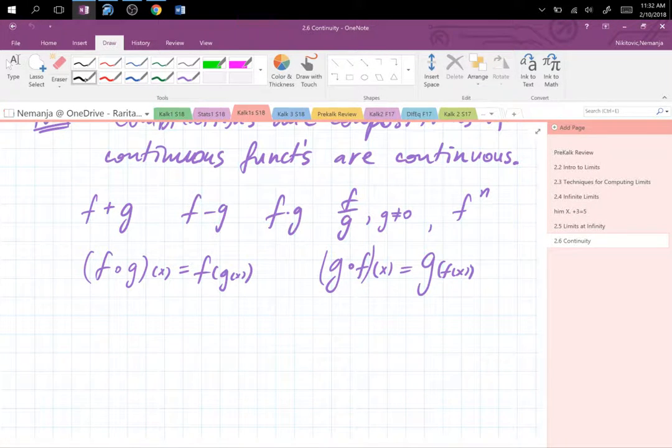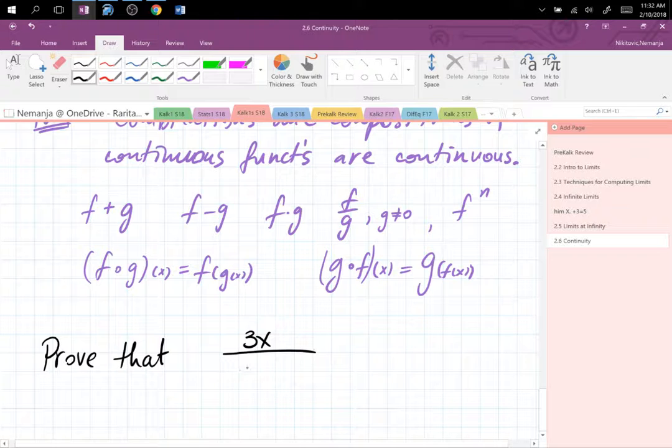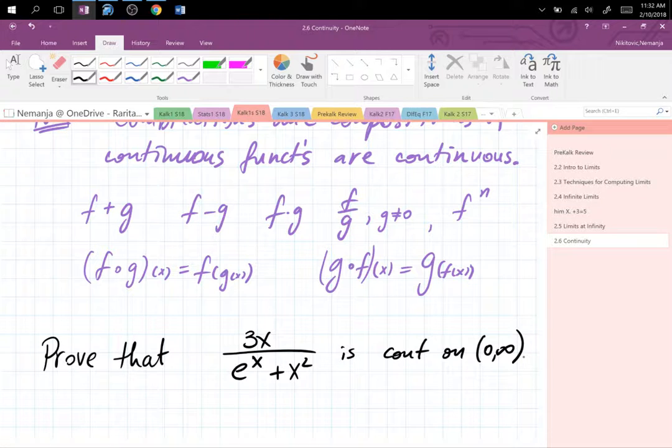Good. So now, let's have an essay contest over here in the classroom, right? Prove that 3x divided by e to the x plus x squared is continuous on 0 to infinity. 0 is not included in the set because I have parentheses.